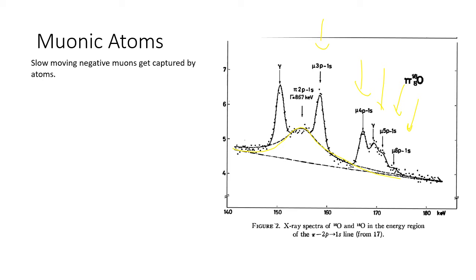So we get what's called a muon cascade. We get all of this energy being pumped out as it drops from energy level to energy level to energy level, and the energy levels are much more energetic because of the much larger mass of the muon.